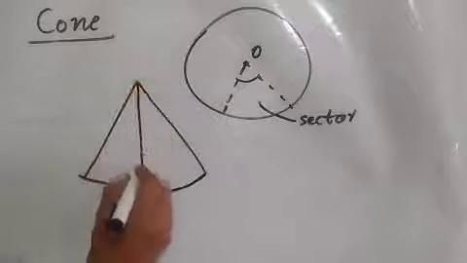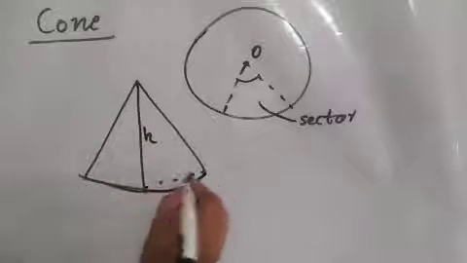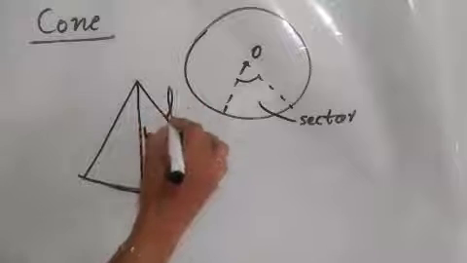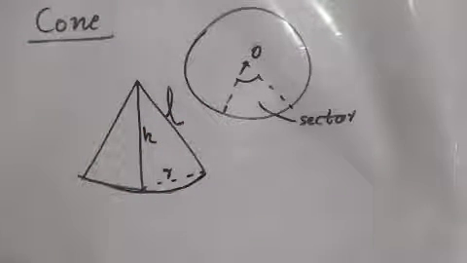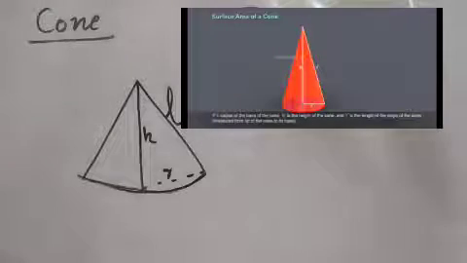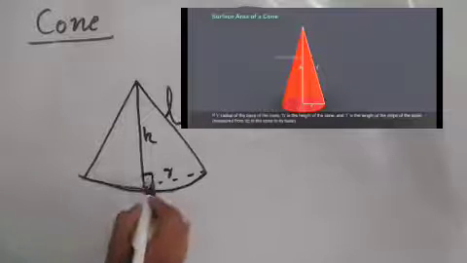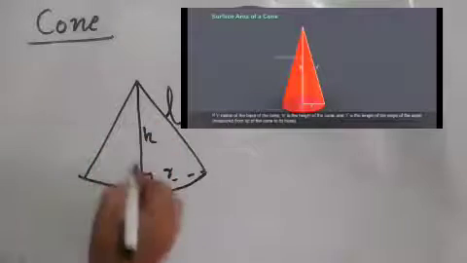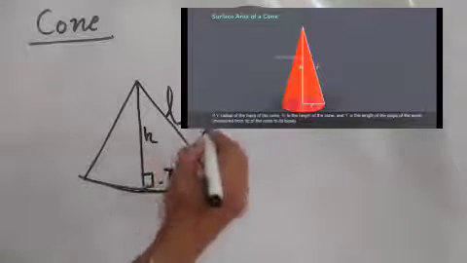And you can mark the height as h, and this is the radius, and this is called the lateral or slant height. Height, radius and slant height make a right angle triangle.